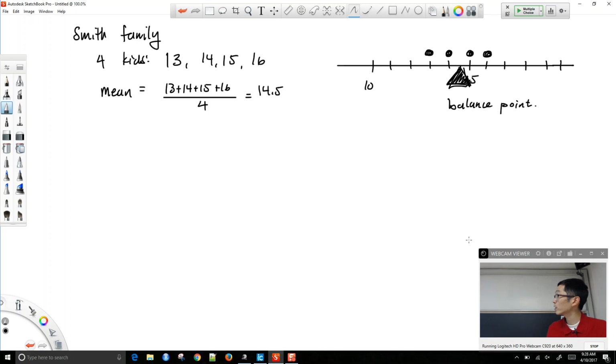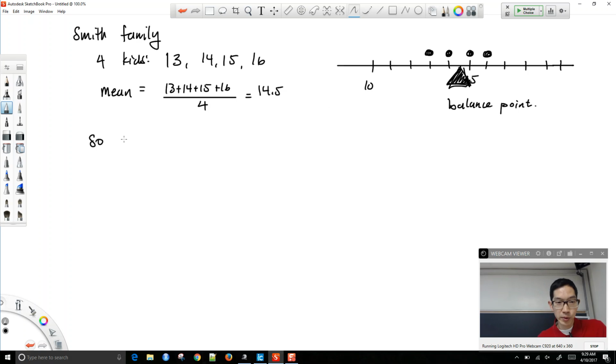So comparing the Smith family to the Thompson family, we can see that in the Thompson family, the extreme value, the very young child, pulled the value of the mean in the direction of the skew. Here our data is symmetric.